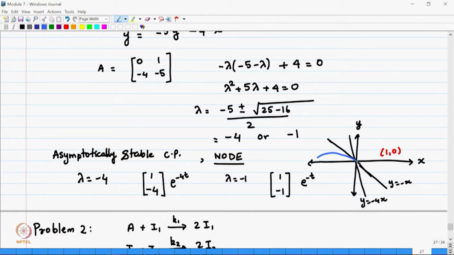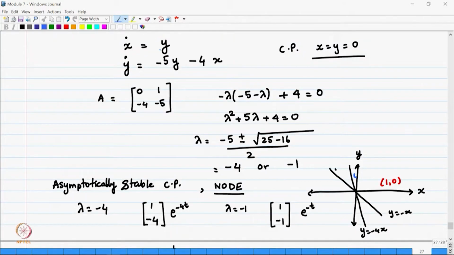Asymptotically you will approach along y equal to minus x, so your solutions would look something like this. If you are in this part, where x is greater than 0, then you will be approaching along something like this.